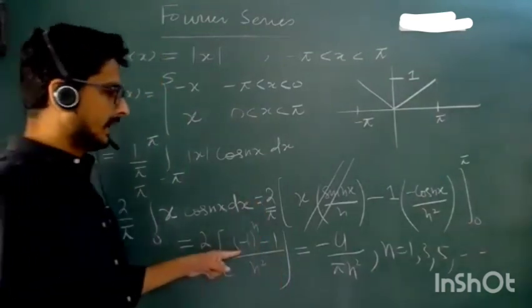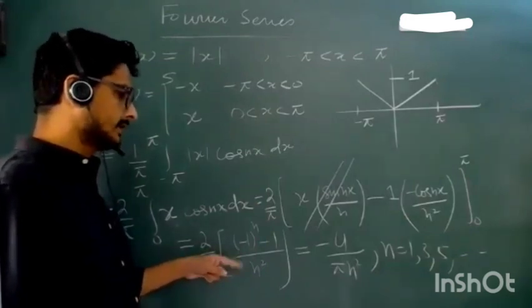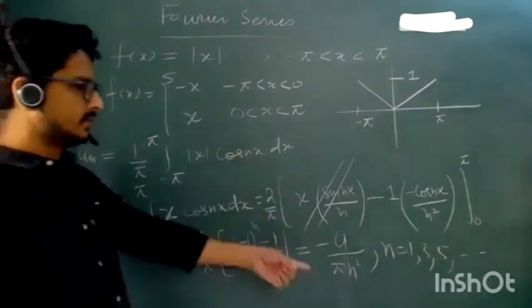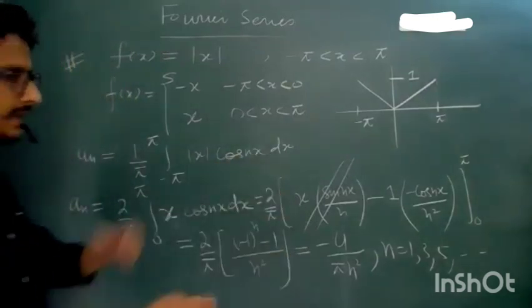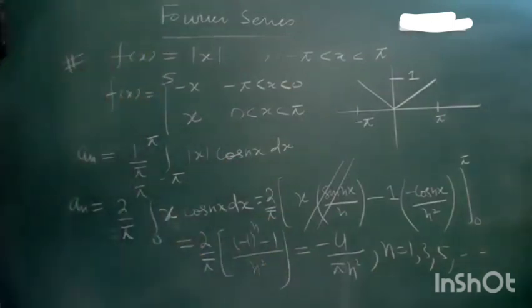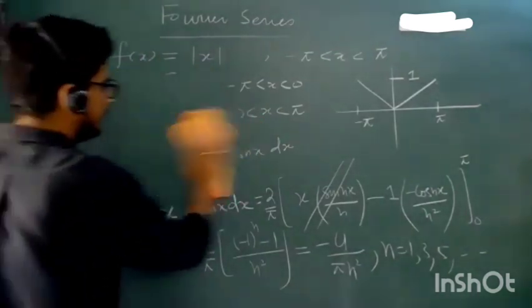That means for all odd n its value will be 2, and for all even n its value will be 0. The same thing which I have used in the previous question also. So there are 3 or 4 things. If you remember, you can use them in every question. So now I should remove this also.